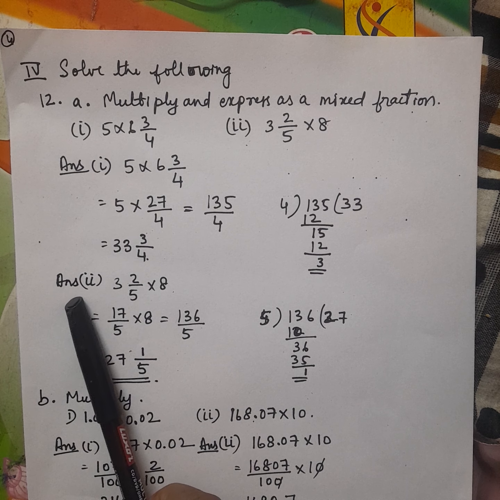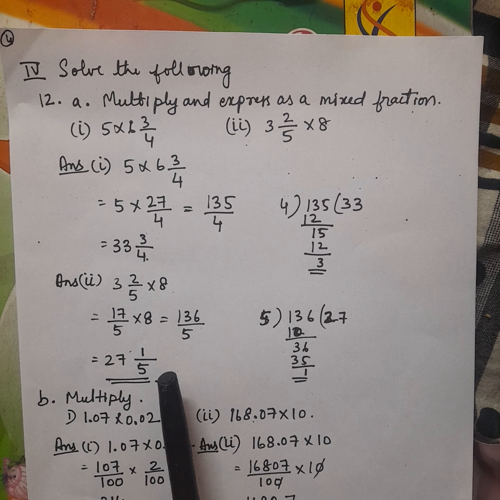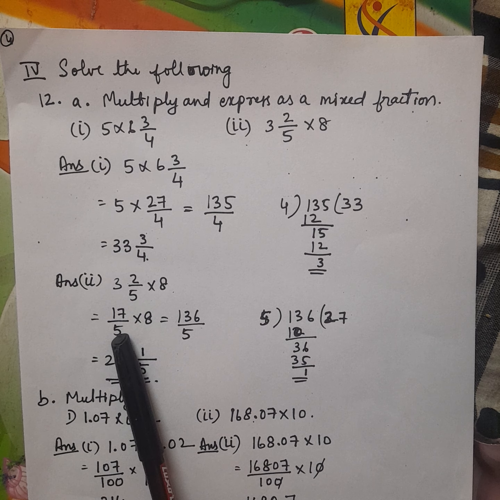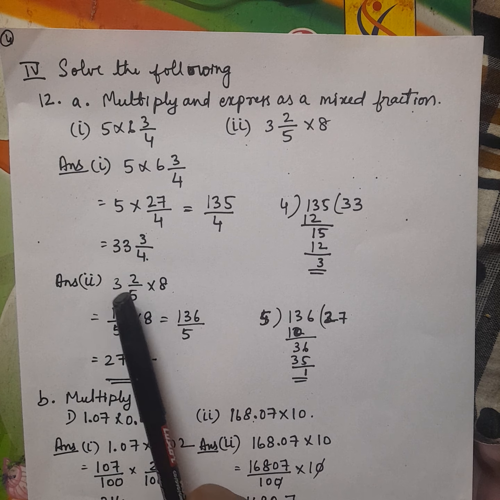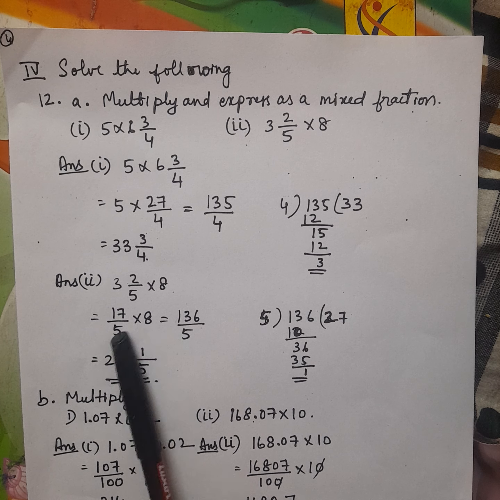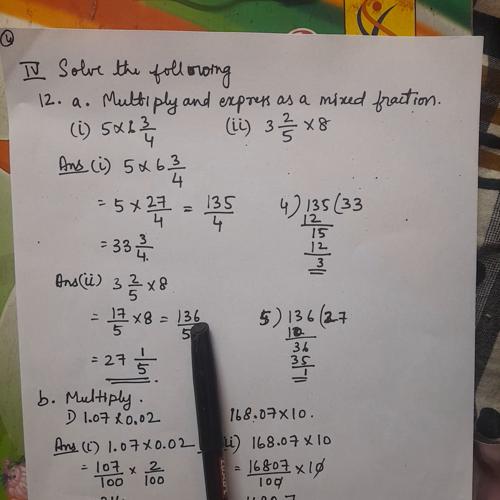The next question is number 2, 3 2 by 5 into 8. Now when you convert this mixed fraction into an improper fraction, it will become 5 3s are 15 plus 2 is equal to 17 divided by 5, into 8, right as it is. Now when you multiply 17 into 8, it will become 136 divided by 5.